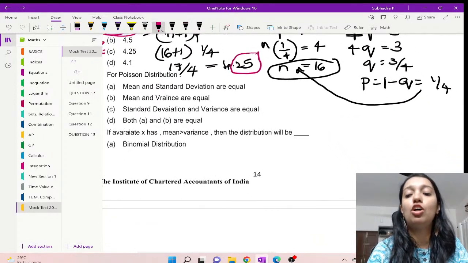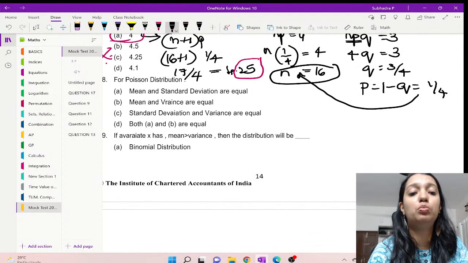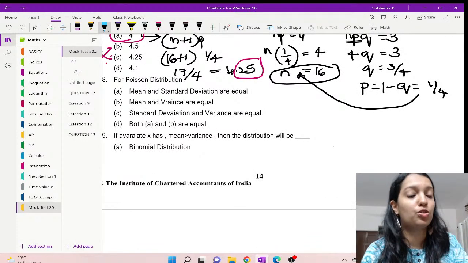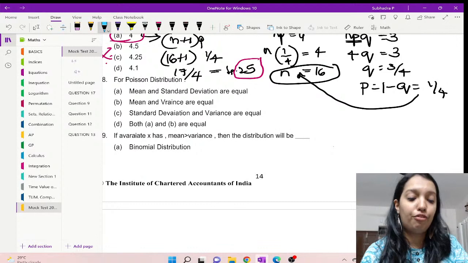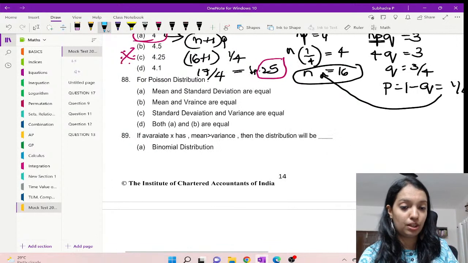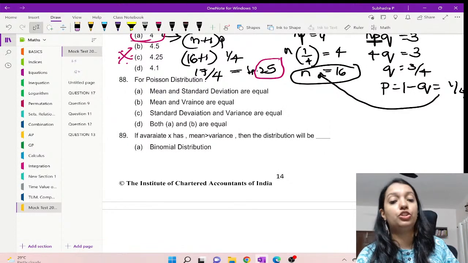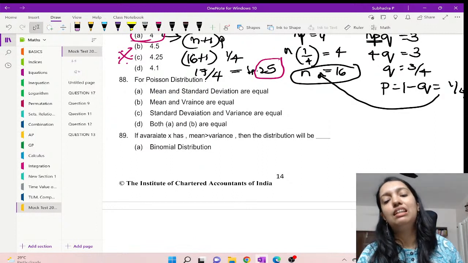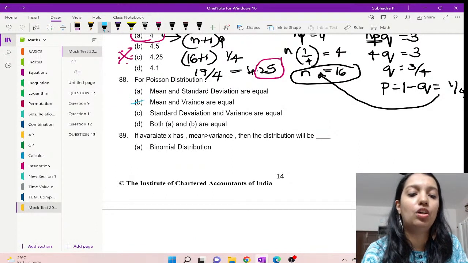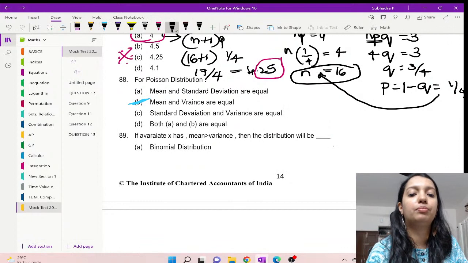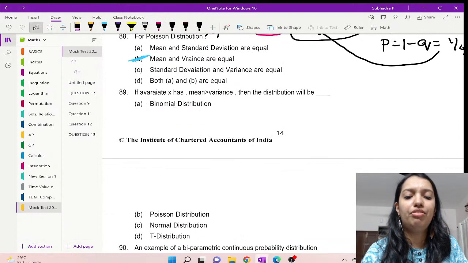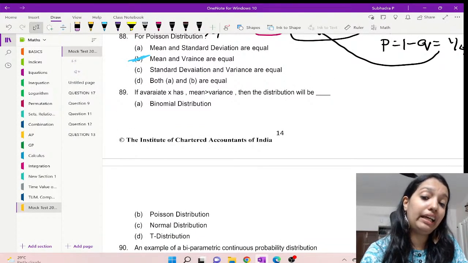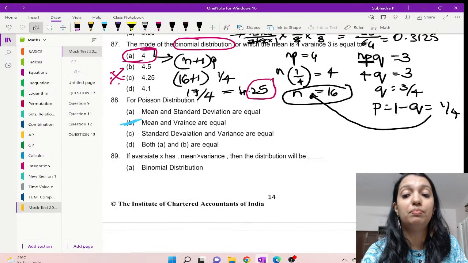Next, for Poisson distribution, don't pronounce it as poison. I know some students pronounce it in that way. For Poisson distribution, 88th question, mean and variance are always equal in Poisson distribution. Next, if a variate x has mean greater than variance, mean is always greater than variance, we already did it.